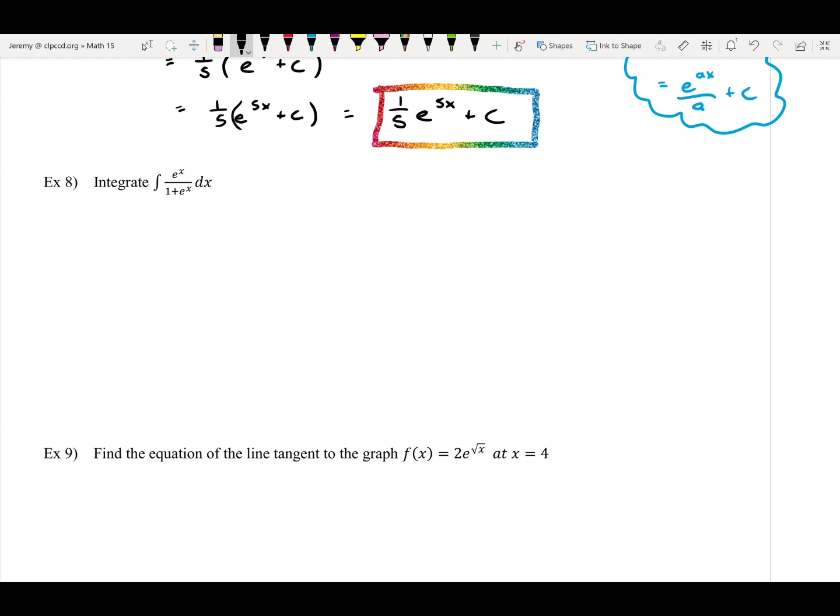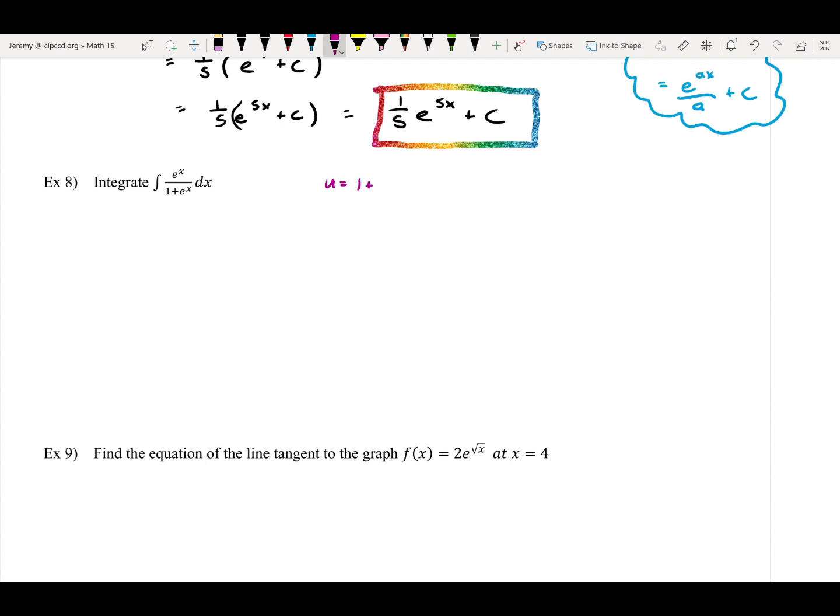All right, can I simplify this expression at all? No, not really. I'm not going to be able to break this up into the sum of multiple fractions, because we have the addition happening in the denominator. Probably another u sub. I'm just thinking what would I want my u value to be. Maybe just let u be that denominator.